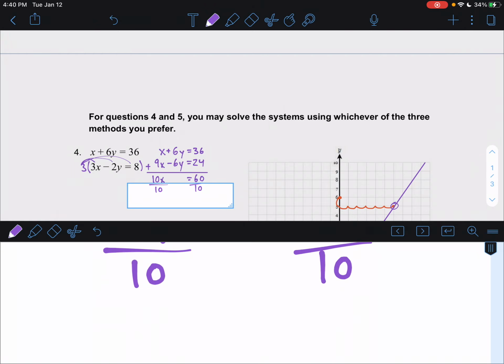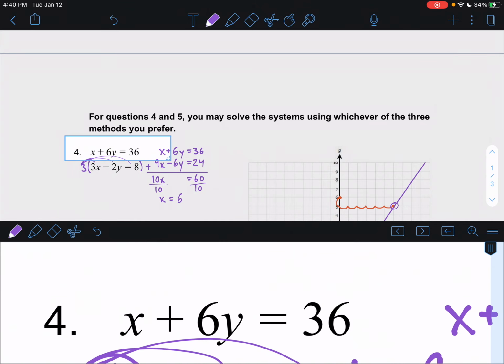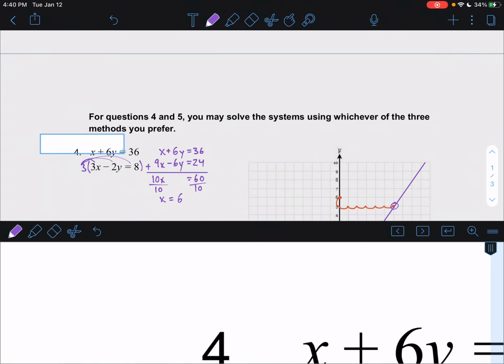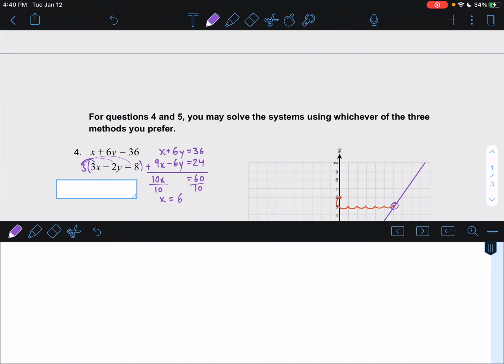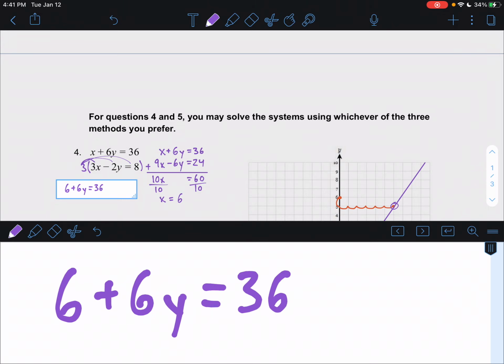Divide both sides by 10, and x equals 6. So that means x equals 6, and now I want to solve what y equals. I'll just use my first equation. So I said x equals 6, so I have 6 plus 6y equals 36.